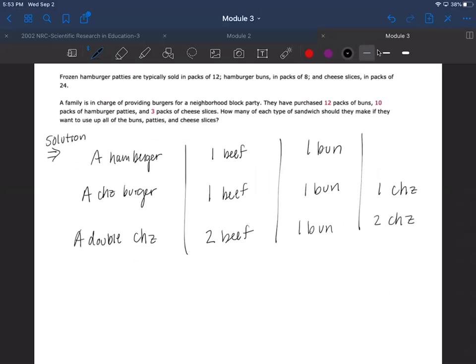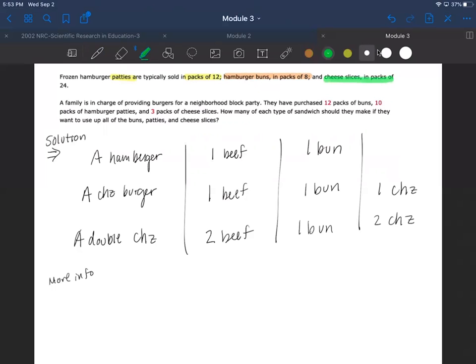Another piece of information is that for hamburger patties, 1 pack gets us 12. For hamburger buns, 1 pack gets us 8.